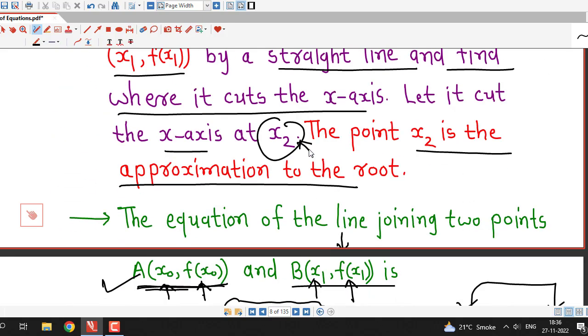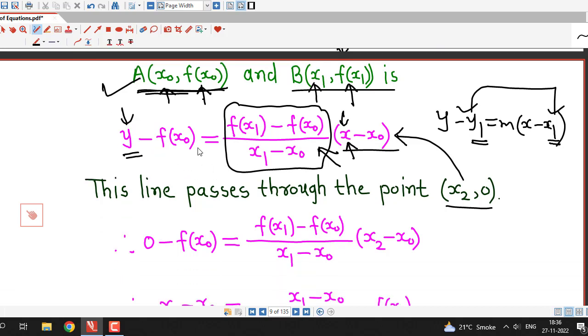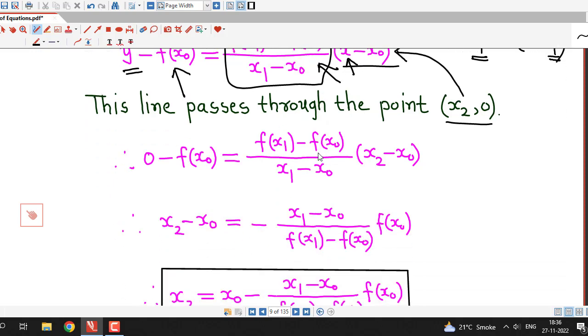So the point (x2, 0) is on this line, therefore this point satisfies the equation of the line, and we can replace x by x2 and y by 0. In the next step we take x equal to x2 and y equal to 0 in this equation, and after that we simplify.